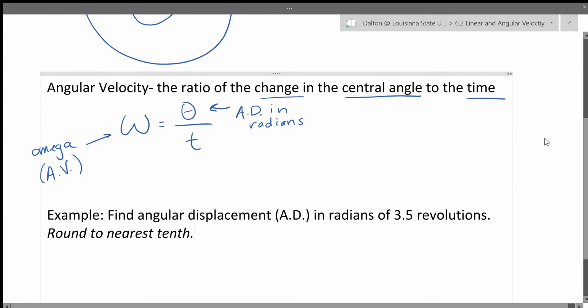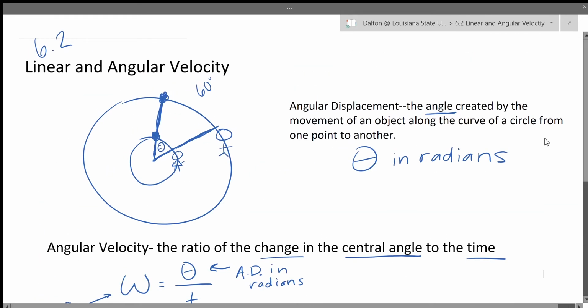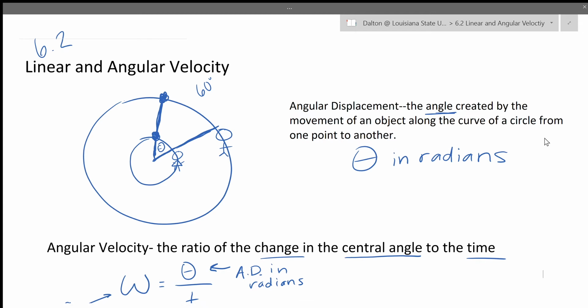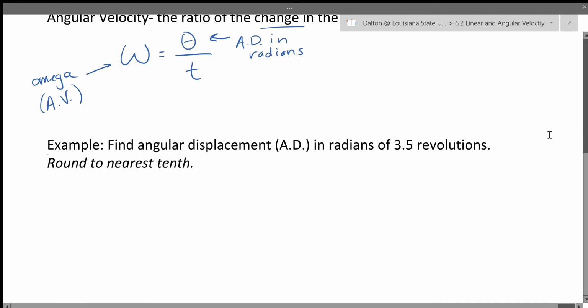So Mr. Ware and I, even though we are on different size circles, if we made one trip around the carousel, we would both have traveled 2 pi radians. So no matter the question, or no matter the size of the circle, in an angular displacement problem, if I'm talking about 3.5 revolutions, it does not matter what size circle is revolving.